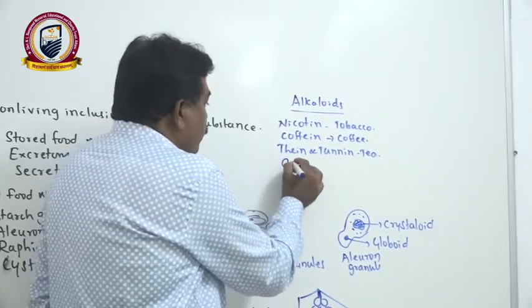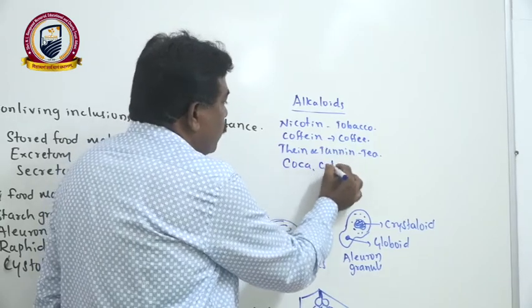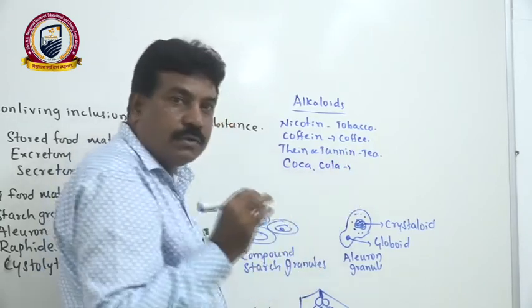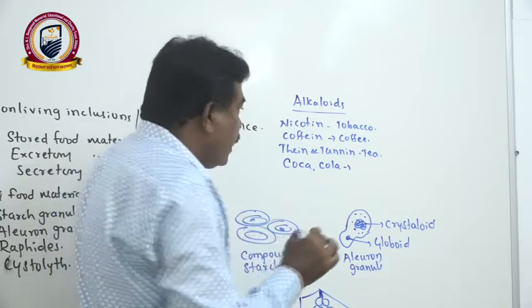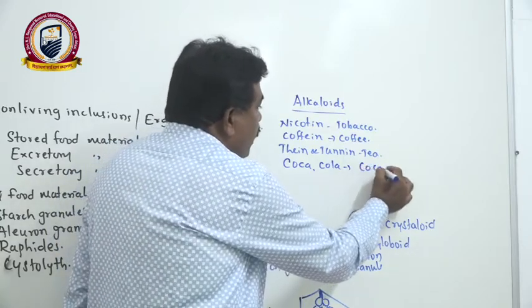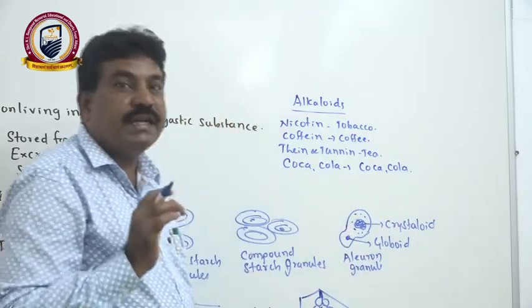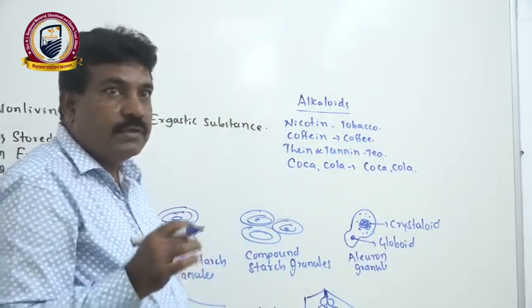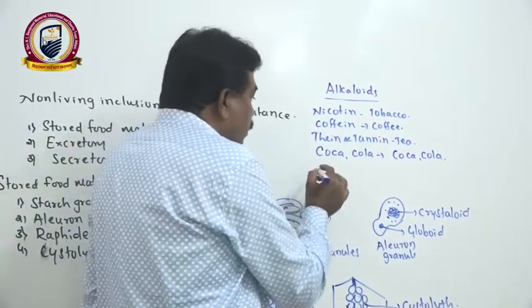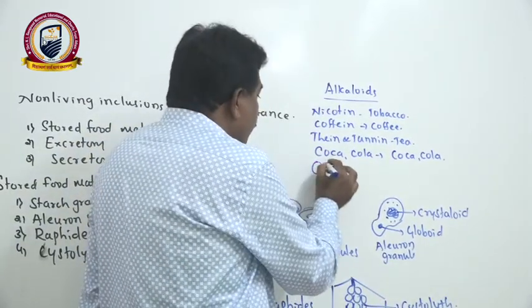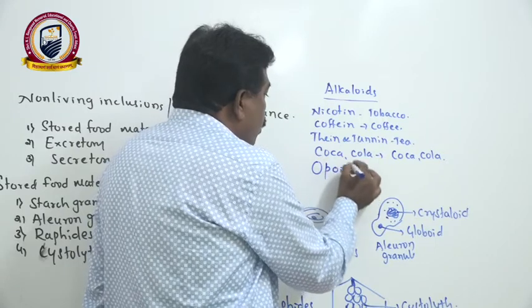At the same time, coca as well as cola are obtained from coca and cola plants, and these are stimulants, but they cause addiction. Papaver somniferum gives us opioids.